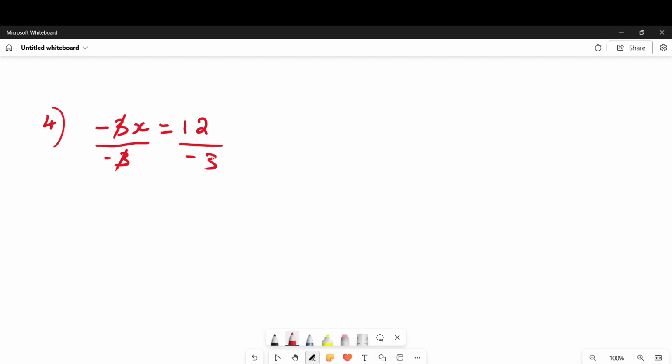Then 12 divided by minus 3, 12 divided by 3 we know is 4, so minus 4, since a positive number divided by a negative, the answer should be negative. So the value of x is minus 4. This is how we solve linear equations with a negative value.